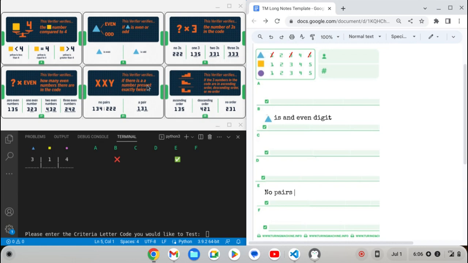Technically, maybe you wouldn't know any of those details. Well, we do know that triangle is even. If you know that triangle's even, then you would know that there are in fact 3 evens. So I think that would mean that card would be superfluous. Okay, so I think we are safe to say that there are no pairs.